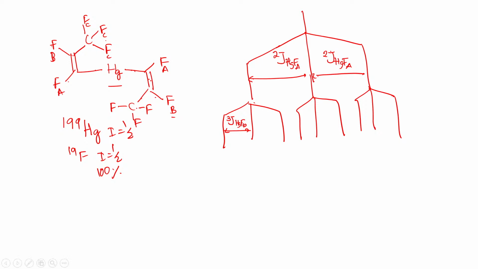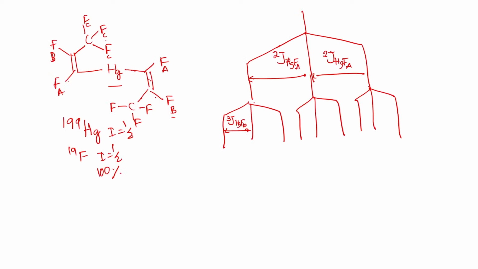This 4 bond coupling can also be seen in case of mercury. Now this is 100% abundant. So these are Fc here.